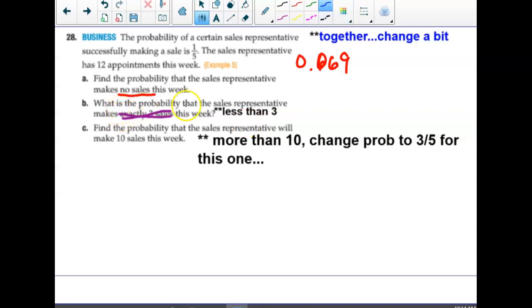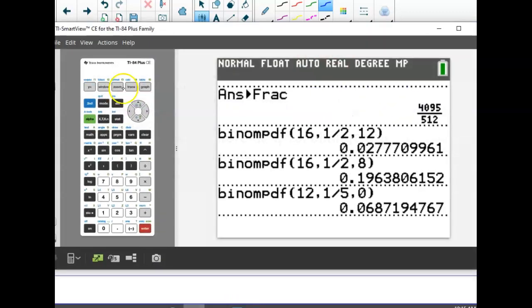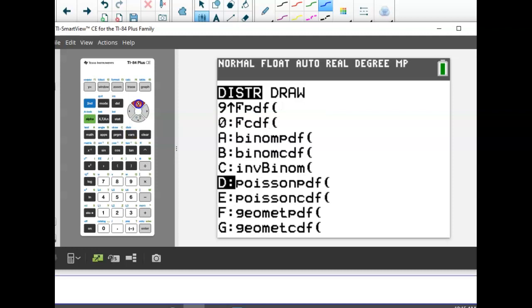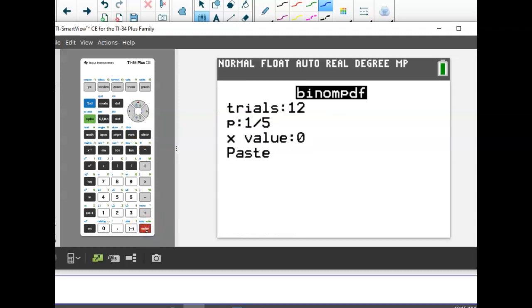This is important. What is the probability that the sales rep makes less than 3 sales? I would like you to just use PDF and add up the winners here. If he makes 0 sales, 1 sale, or 2 sales, right? So real quick, let me go through it. You go here, binom PDF, and we already did this one. We did 0.